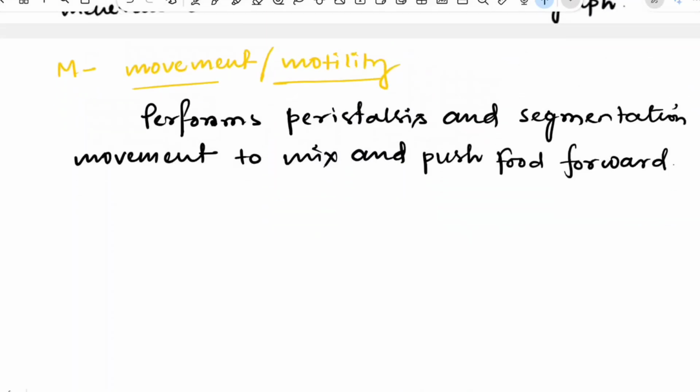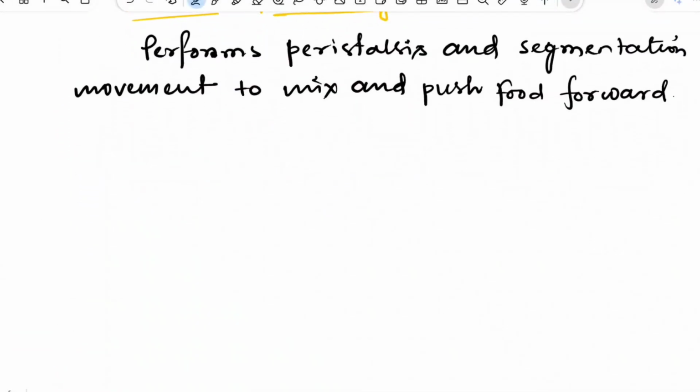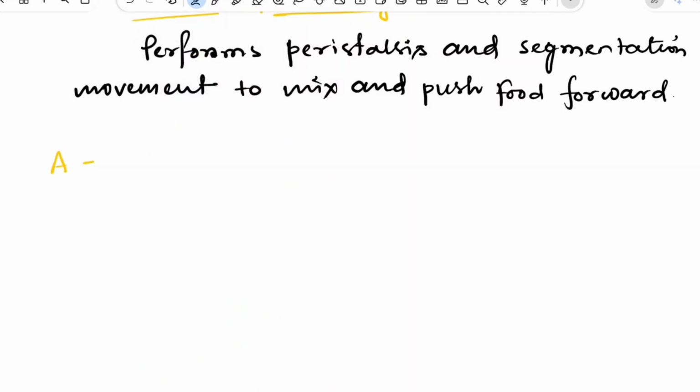Next is DAMA. Again A is for acts as immunity.